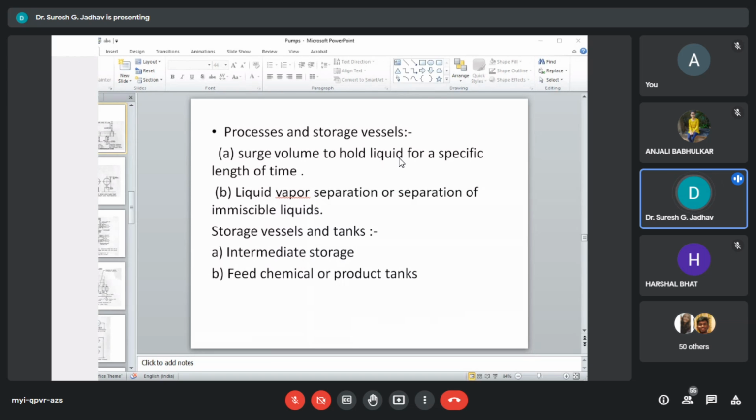The process vessels can be classified on the basis of function, like surge volume to hold liquid for a specific length of time. That is the first classification. And second is based on liquid vapor separation or immiscible liquids with different specific gravities.